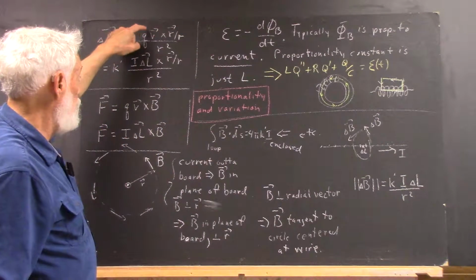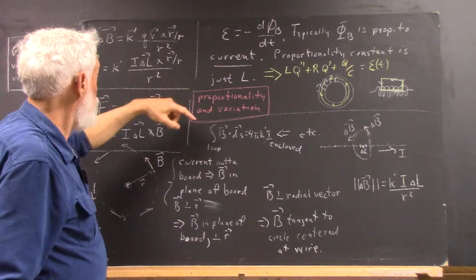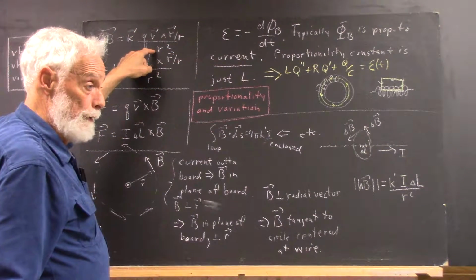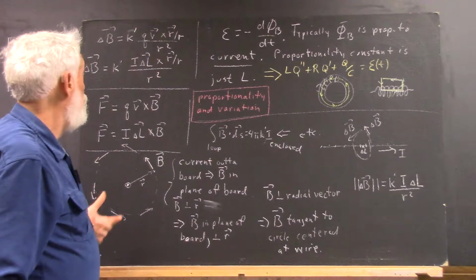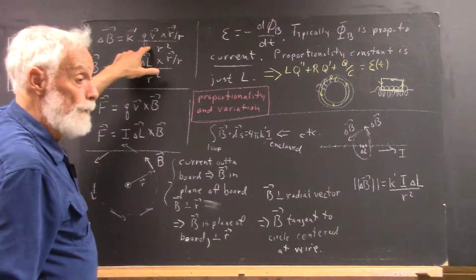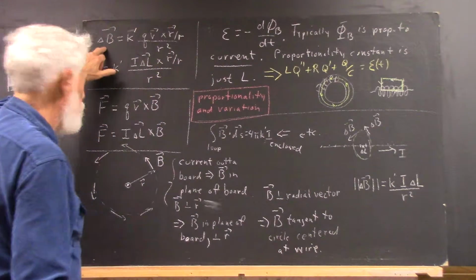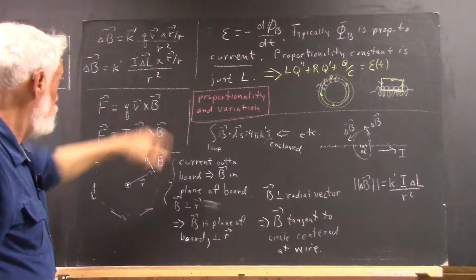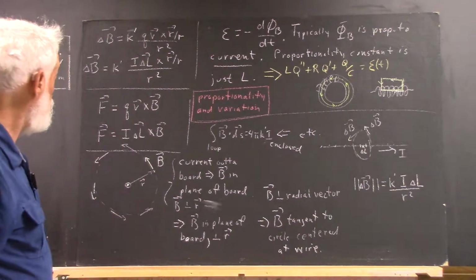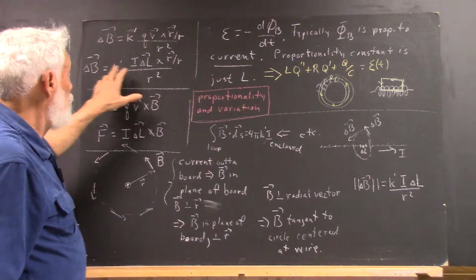It's a cross product of qv with the r vector divided by its magnitude, divided by r squared, where the r vector is the vector from the position of the charge to the position at which you're calculating the magnetic field. And the equivalent statement is that the contribution is equal to this product.